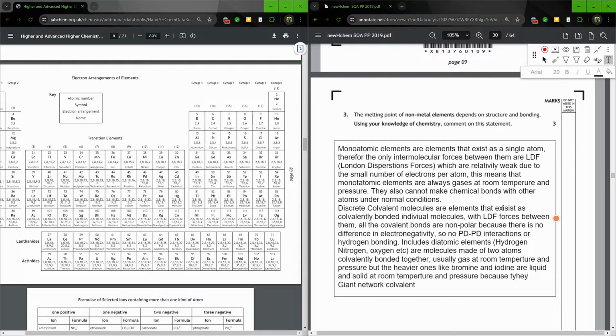Because they have more electrons, meaning the LDF forces are stronger, thus harder to break.